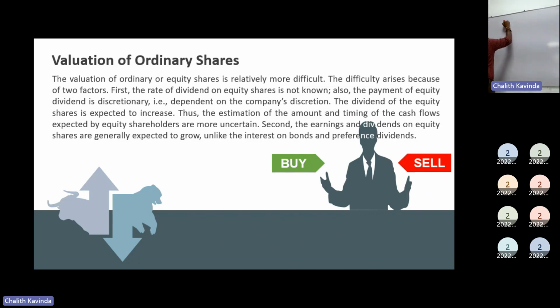Value of an asset is equal to simply the present value of its future or expected cash flows. Present value means discounted value. Present value of its expected cash flows, right?